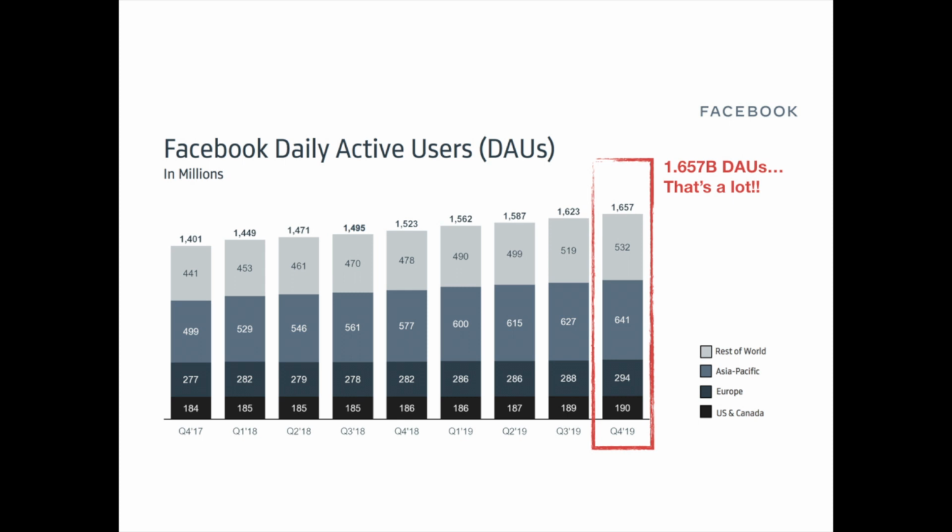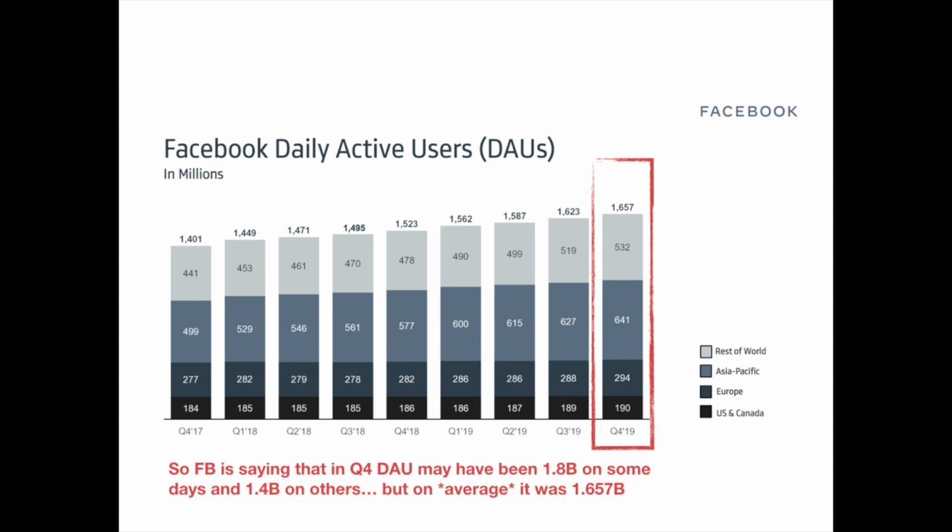Essentially, what they're saying is that throughout Q4 2019, the average number of daily active users was 1.657 billion. So it's a daily number, but when you see it reported like this, it's the average of that daily number in the particular time period being reported.